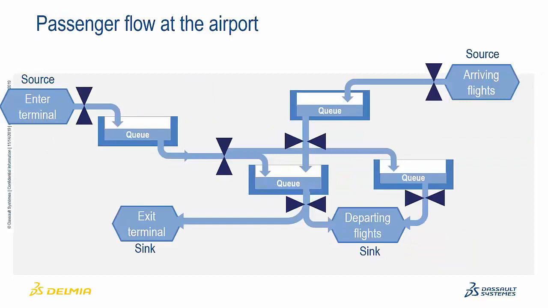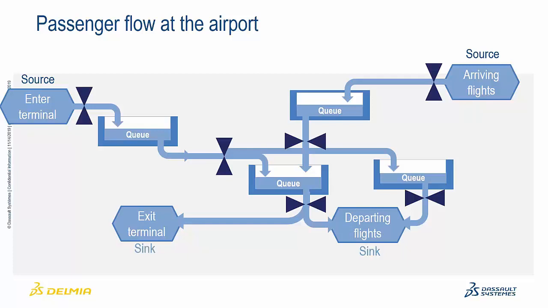Okay, let's transfer that concept to our airport and to the passenger flow. At the top we have the source. In this case, these are the passengers that are entering the terminal building, either by an airplane or by another journey, like public transport.